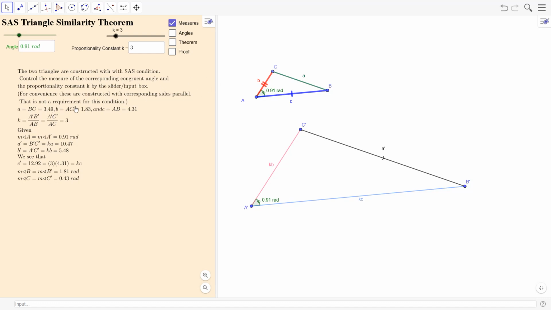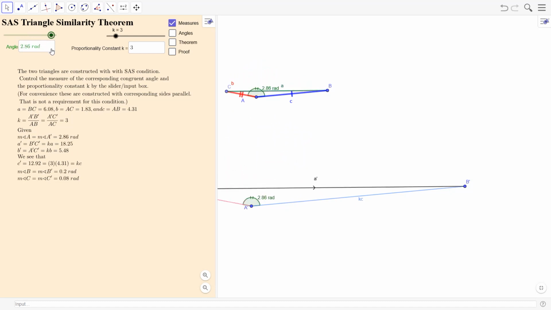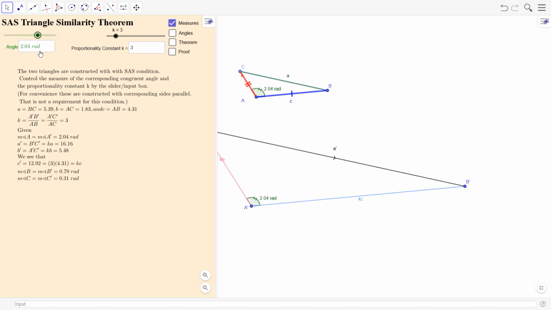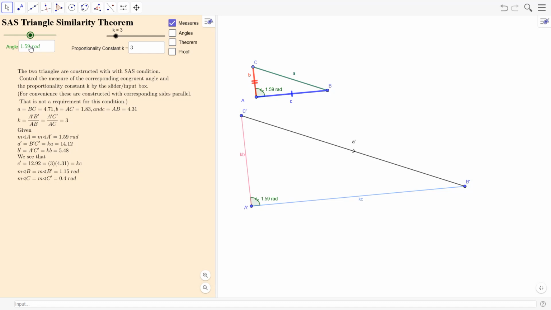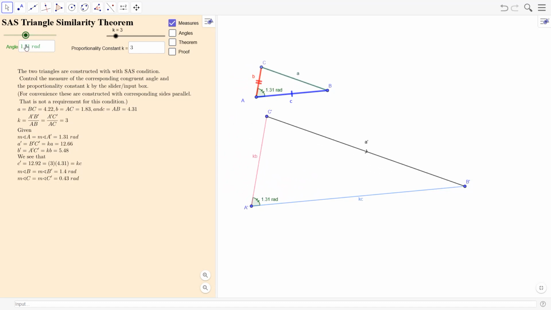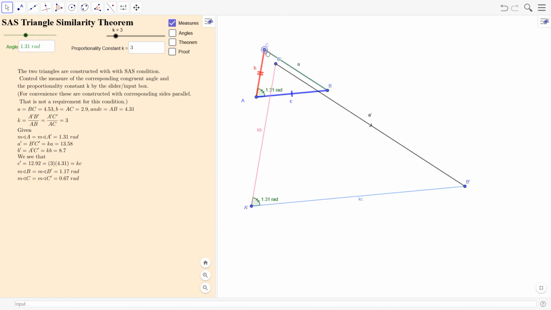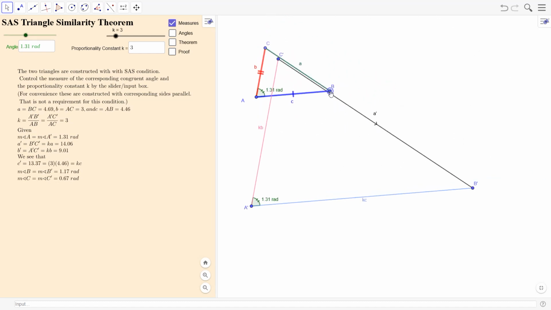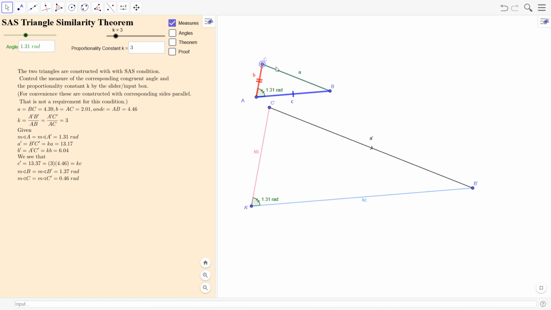What that means is we're given triangles so that angle A and angle A prime are congruent. In this example, we can control that with this slider here. And then we can change the lengths of these sides to be anything we want.